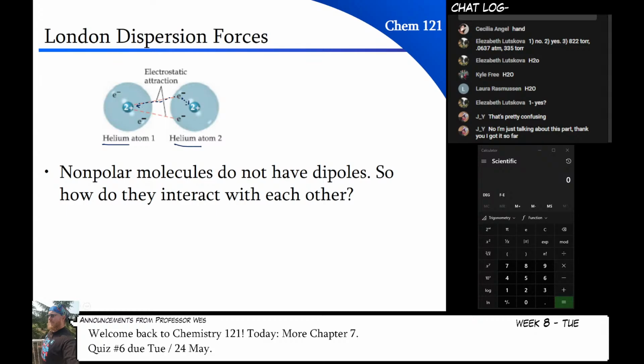So what can happen randomly is that if my electrons just happen to be on the same side of the atom, I would create a delta plus, delta minus for my neutral atom. The electrons just happen to be on one side as opposed to the other. If the electrons swing back around, then there are no deltas, and it's just neutral. So we create temporary dipoles.